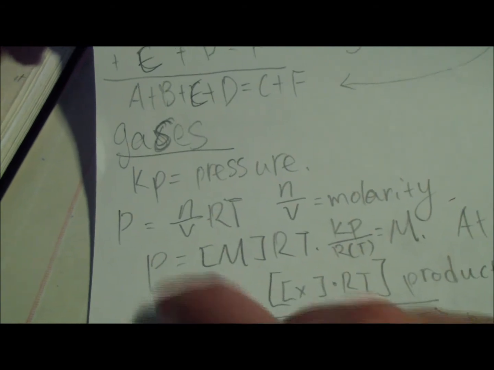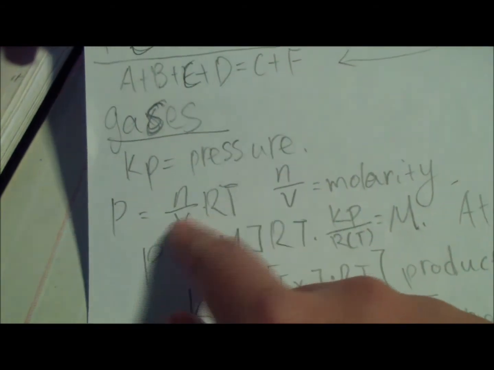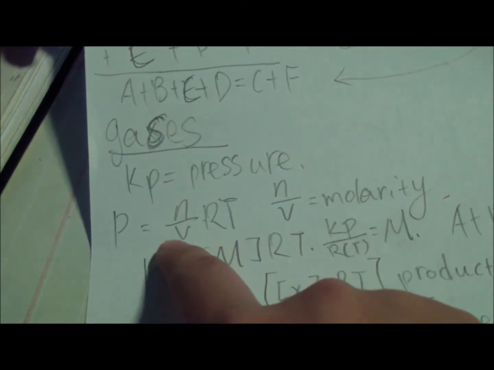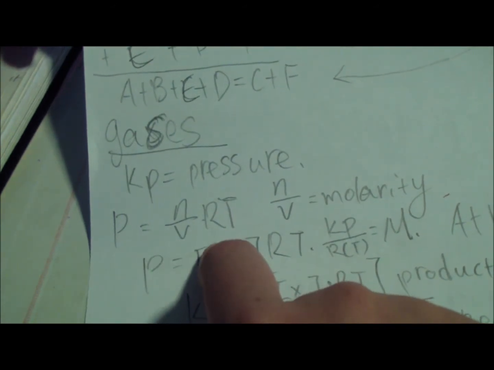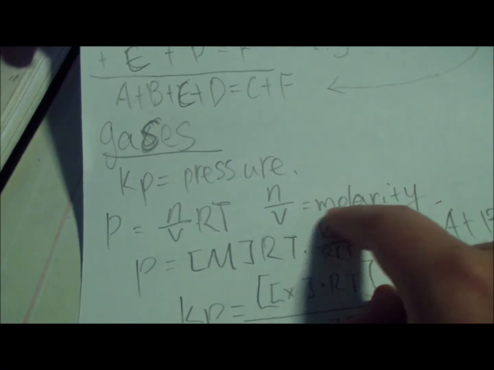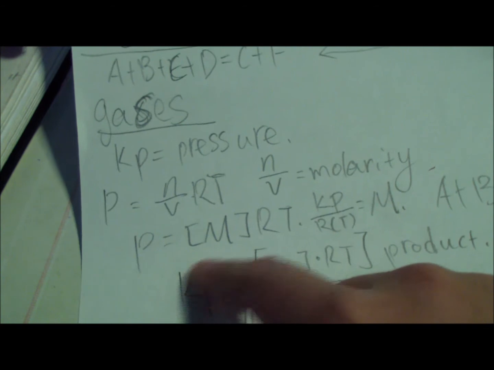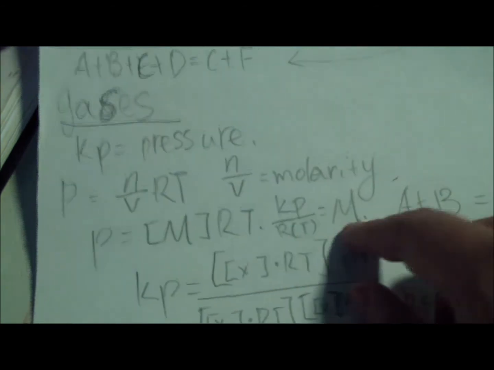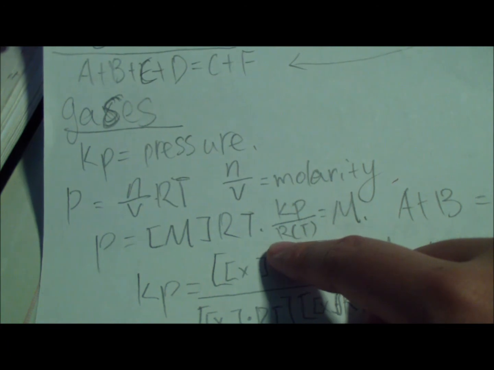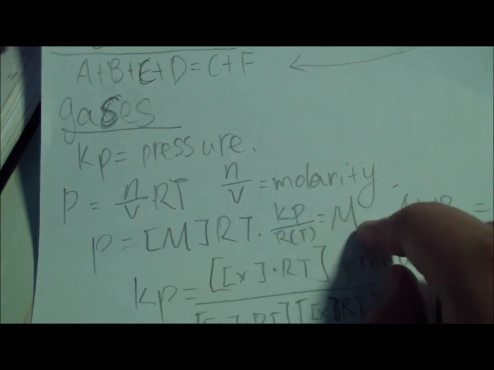Now let's talk about gases. In gases, KEQ equals KP, which is pressure, and PV equals nRT. We all know that formula. Right now I divide V onto the other side so P is by itself. Remember, moles over volume equals molarity. Simplify that to P equals molarity times RT, and right here KP divided by RT equals molarity.